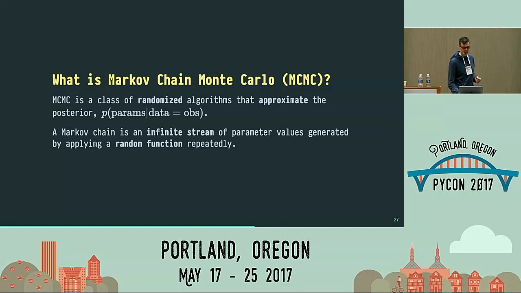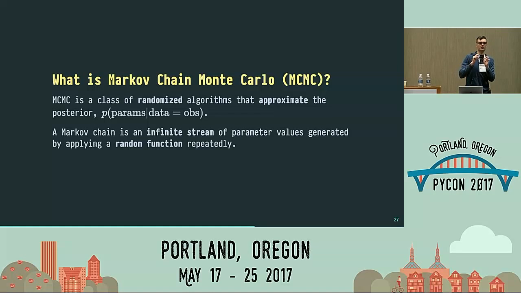Markov chains, you can think of this, especially as programmers, as infinite streams. So given some initial value, some initial seed of the stream, you generate one element after the other, infinitely many if you want. Well, you can't get there, but in principle. And you do so by applying repeatedly the same random function over and over again.